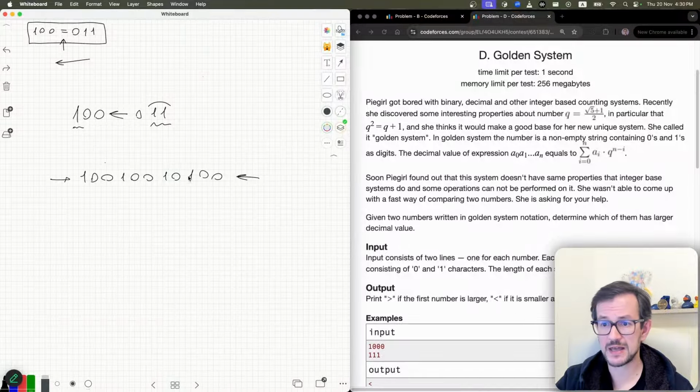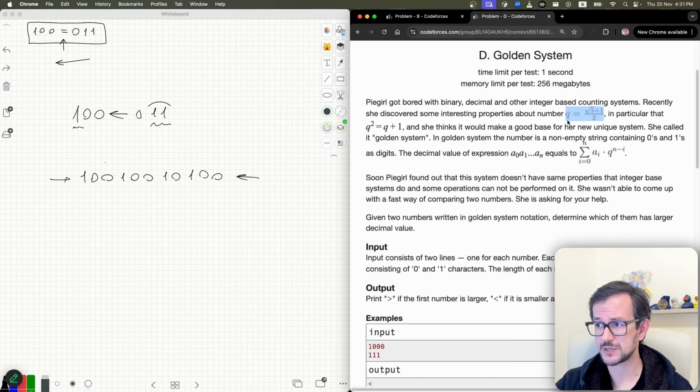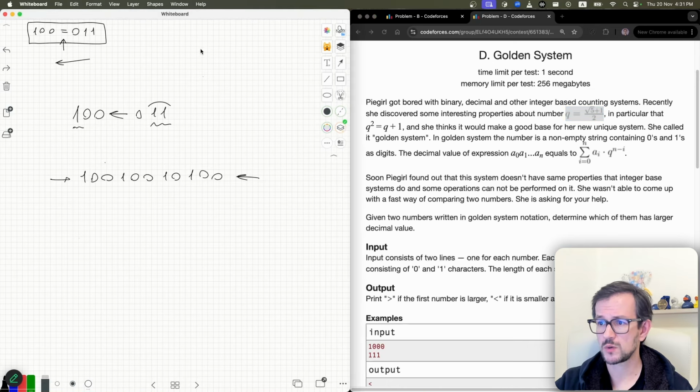Because every next one, so again, this q is square root of 5 plus 1 divided by 2. If you apply it once, q square equals this plus 1, so it equals square root of 5 plus 3 divided by 2, which is greater than 2.